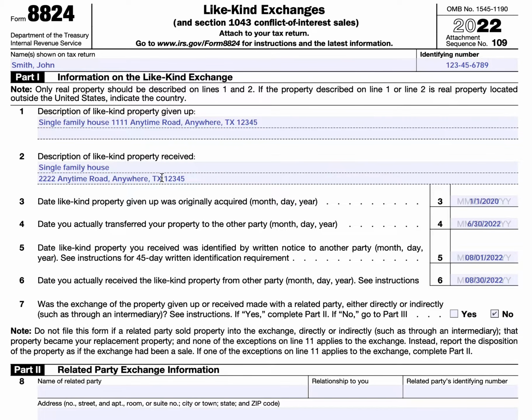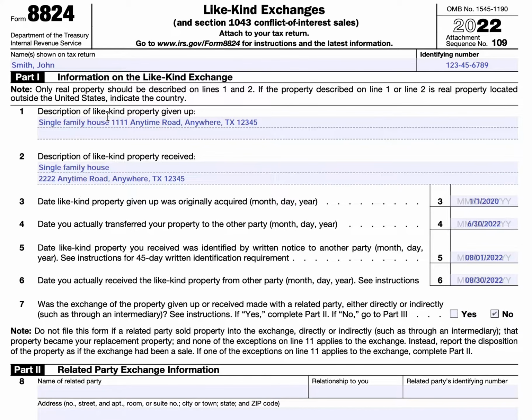Now let's go up to the top where we started already filling in this tax form on behalf of our hero, John Smith. We've entered his identifying number in the top right-hand corner. Now the form instructions specifically state that lines 1 and 2 should only be used to describe real property, like real estate.